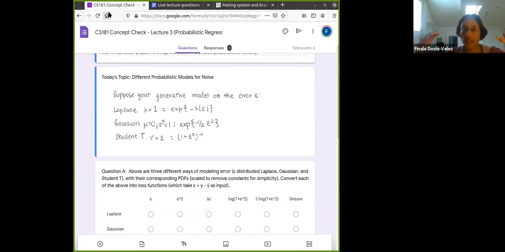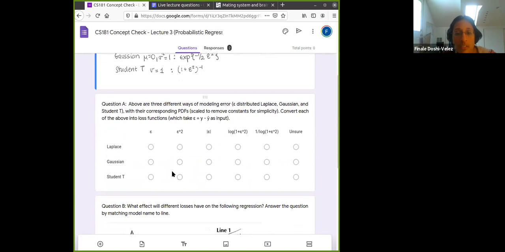The Laplace is very peaky at the top and then goes away exponentially. The Gaussian is flat at the top and then has exponential tails. And the student T is also flat at the top. It has really wide tails, so larger deviations are more probable under the student T. So those are our three settings.